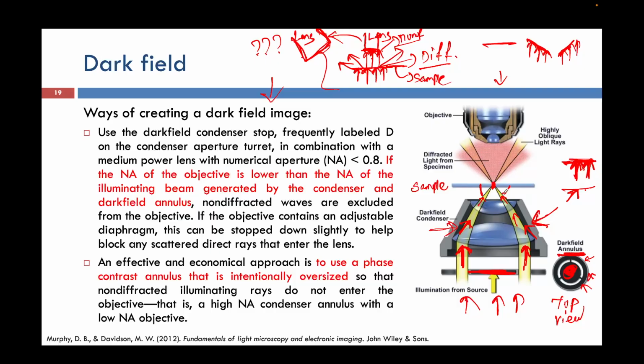Now that I have created an angle for this incident ray, let's say for incident ray 1, this is the undeviated beam.